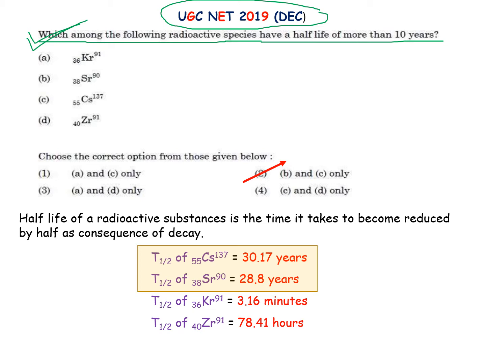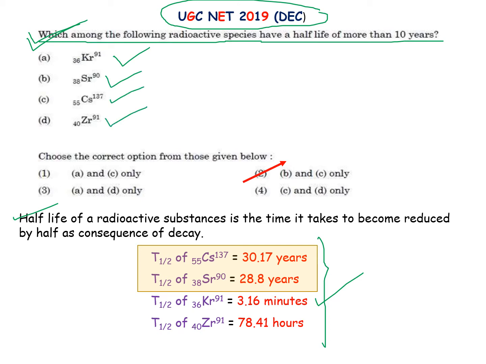For this kind of questions, you have to remember the half-life of some radioactive species. So here are the radioactive half-lives of the species krypton, strontium, cesium and zirconium.